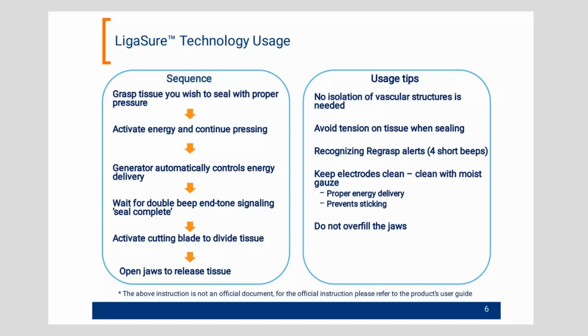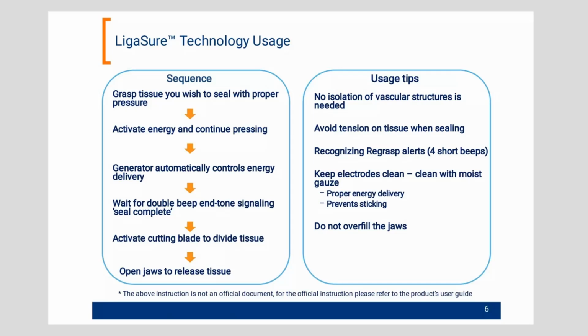The generator automatically controls the energy delivery. Wait for the double beep end tone signaling seal complete. Activate the cutting blade after that to divide the tissue, and then open the jaws to release. So this is the usual sequence. Okay, and there can be variations to this depending on which company's device you are using.